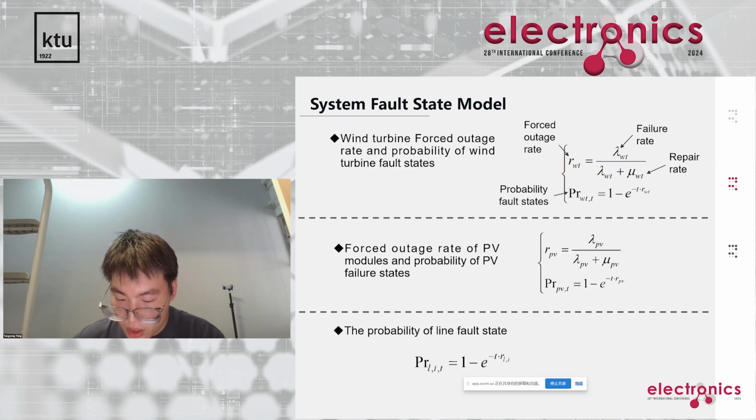The forced outage rate and failure probability of photovoltaic modules, as well as the probability of line failure status, are similar to wind turbines.